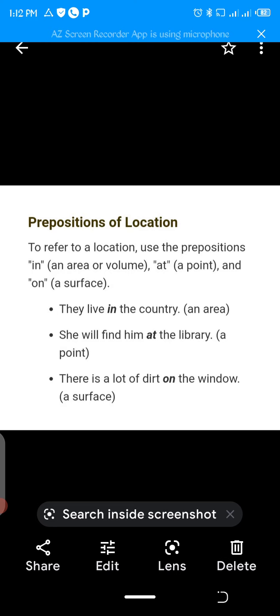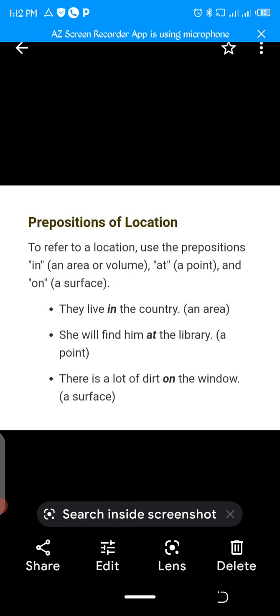Let's look at prepositions of location. We use these to refer to a location. We use the preposition in for an area or volume. We also use the preposition at for a point and on for a surface. They live in the country. As used in this context, in here is a preposition of place.